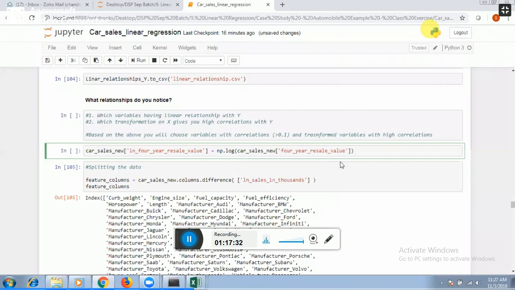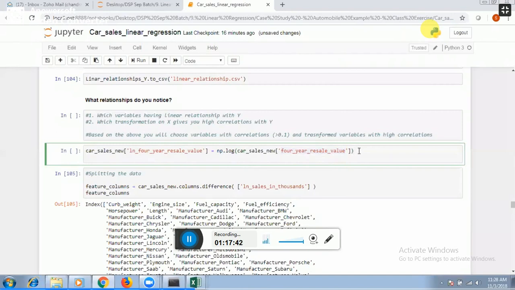So this is what I'm doing, and once I have done this, I will drop my original variable. How will you drop it? car sales new dot drop, and what is the list of columns you want to drop? 4-year resale value. And axis equal to 1, and of course inplace equal to True.